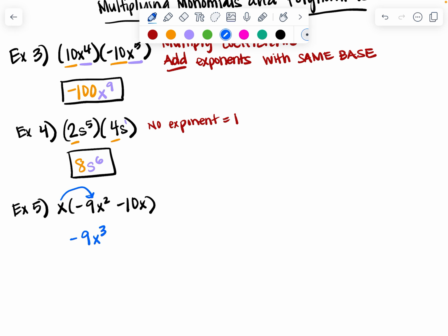Because there's a 1 in front of this x, that's being multiplied by the negative 9. And remember, there's a small 1 here that's being added to the 2. And then x times negative 10x becomes negative 10x squared.